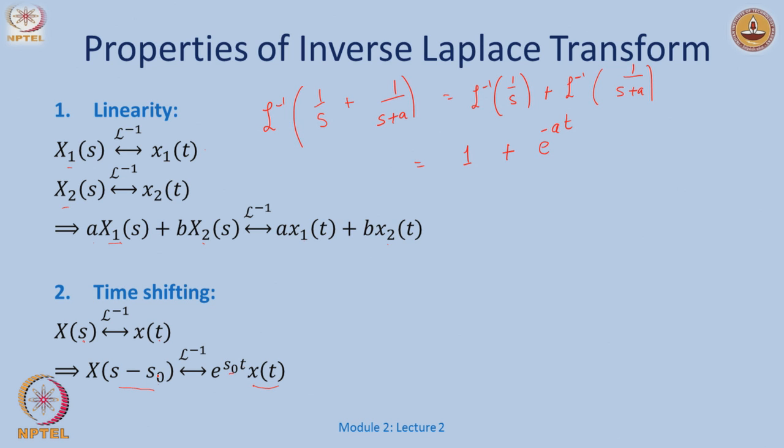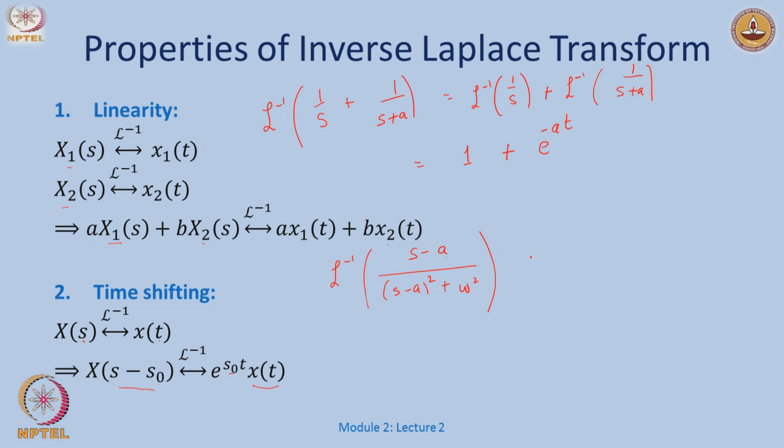Okay. So, let us take a signal which looks like this, and I want to compute L inverse of (s minus a) over (s minus a) square plus omega square. So, here I have s shifted by this number a.